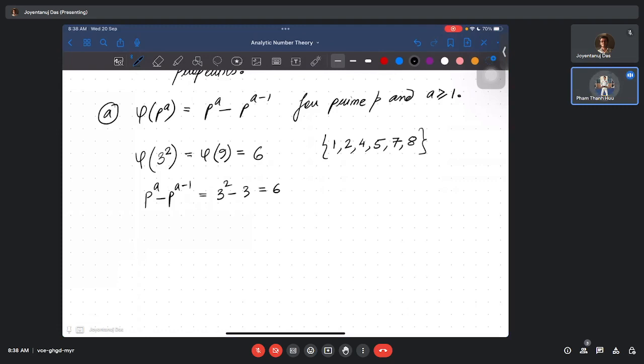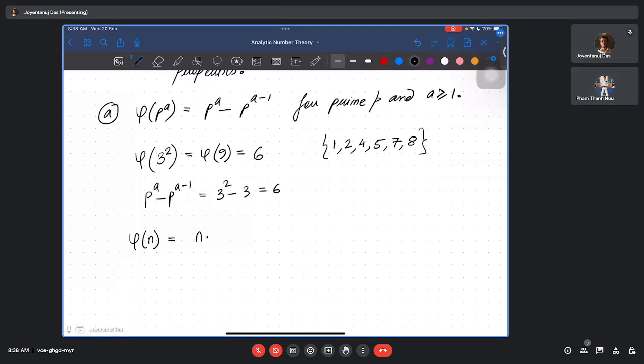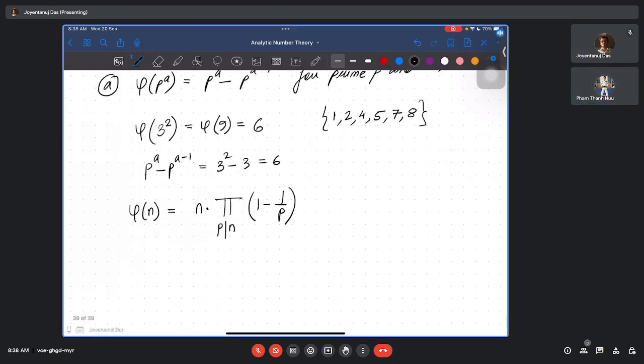But how to prove it? We'll use yesterday's formula. Phi of n is nothing but n times the product over all primes p that divide n of 1 minus 1 by p. That we saw yesterday, right? So here n is p power a. So what will be the product?